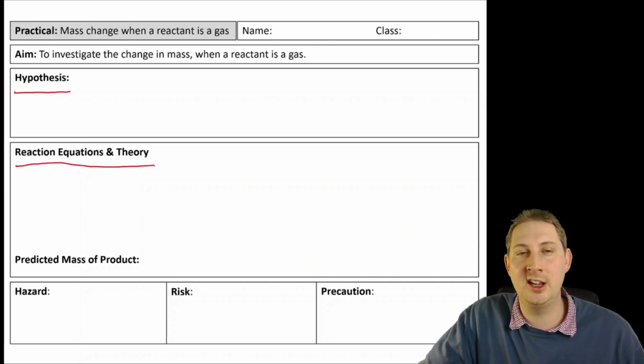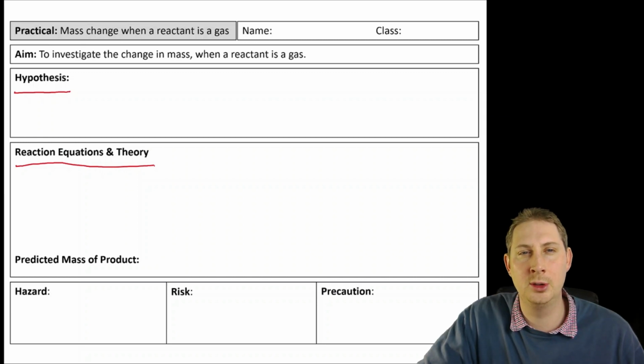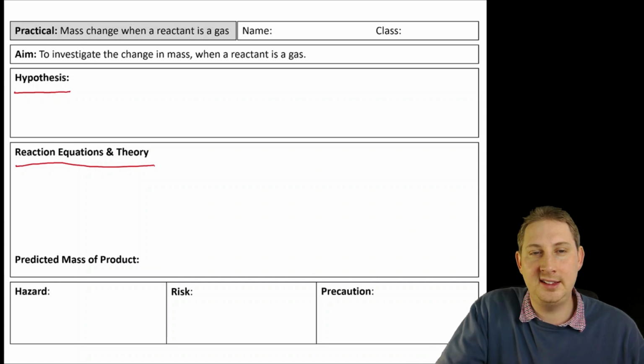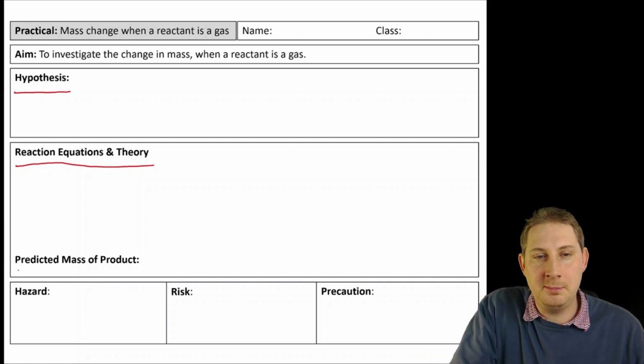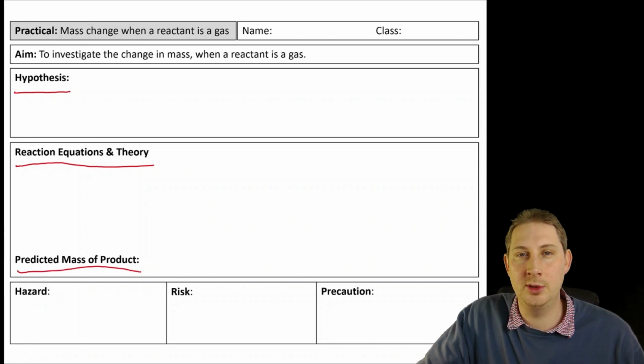So, what is the equation for the reaction of magnesium and oxygen? And why do you think that that equation explains your hypothesis? So, if you said you hypothesize that the reaction was going to gain mass, why? Why does the reaction equation tell you that? This is important. Predicted mass of product. What did you think you were going to make based on your calculations?